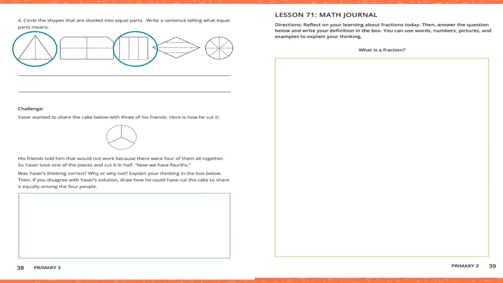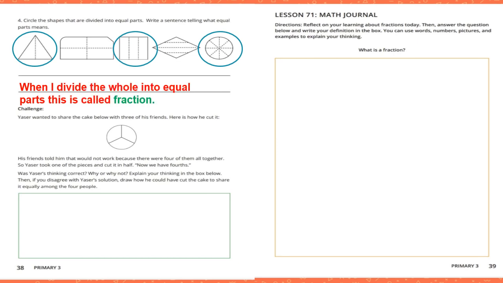The last shape, this circle, divided into equal parts? Yes. Now let's write a sentence telling what equal parts mean. When I divide the whole shape into equal parts, this is called fraction. Now let's move to the challenge part.